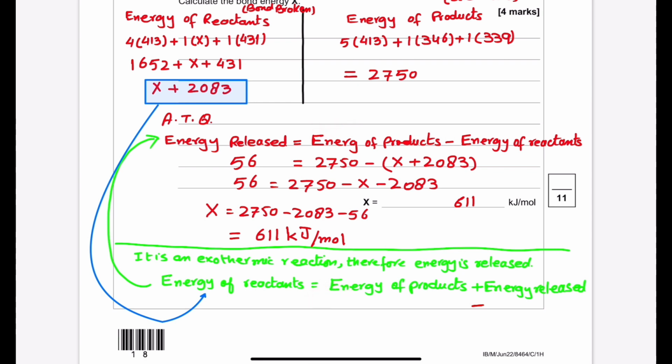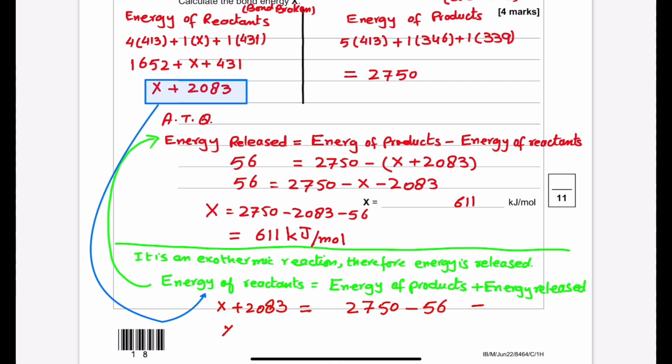If we use here, so energy of the reactants, that is X plus 2083, plus energy of the products, that is 2750, because it is an exothermic reaction, therefore energy is released into the environment. So energy is going from inside to outside. There is a loss of energy and the loss of energy is used as negative energy.